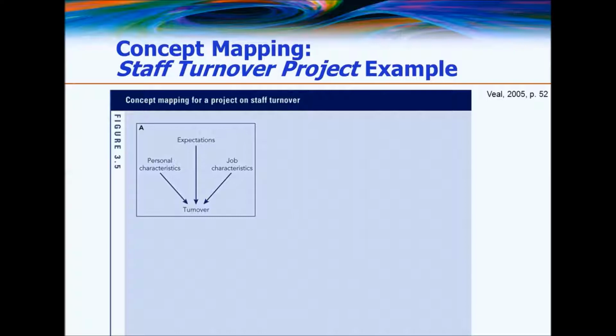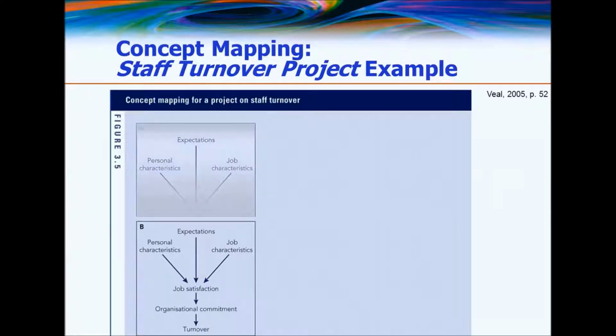However, when we read some more and we start to realise that it's probably not quite that simple, we can then move on to considering, okay, well, we've still got personal characteristics and expectations and job characteristics, but actually there's another couple of steps in here. Those things together add up to job satisfaction, which leads to organisational commitment, which then leads to turnover.